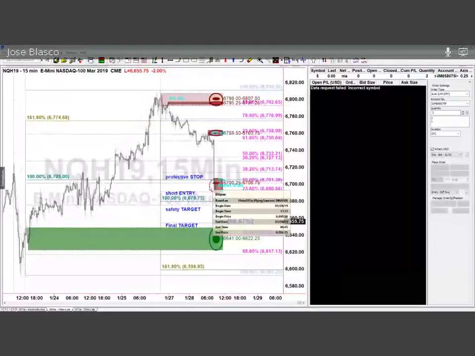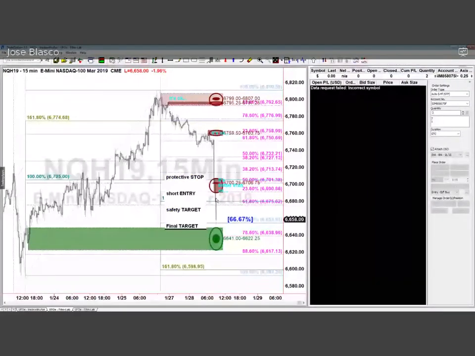Okay, so 6690 would be the short entry. Protective stop would be 6706.75. Okay, those are the values that we're going to use.